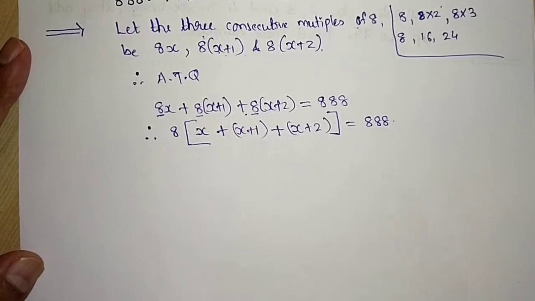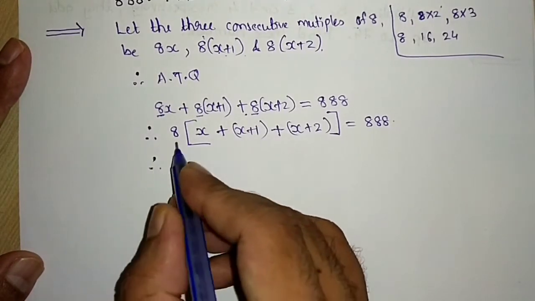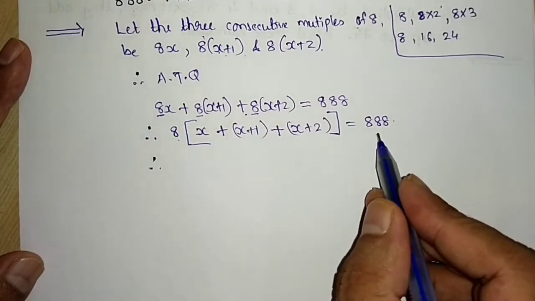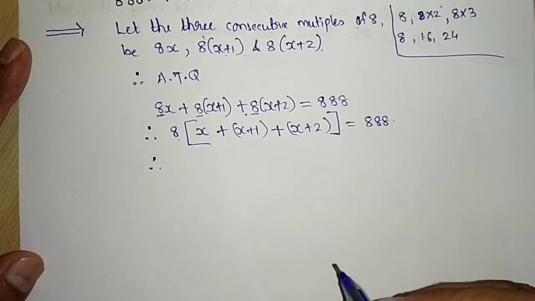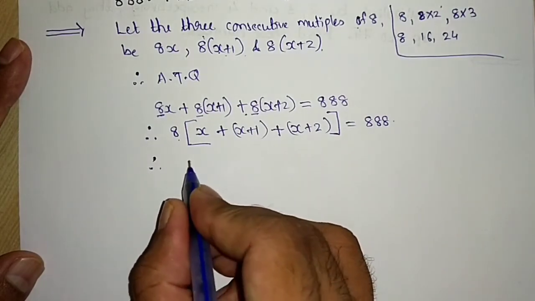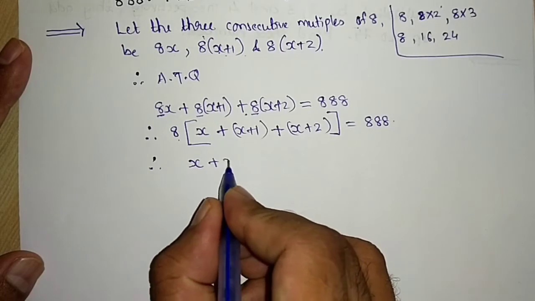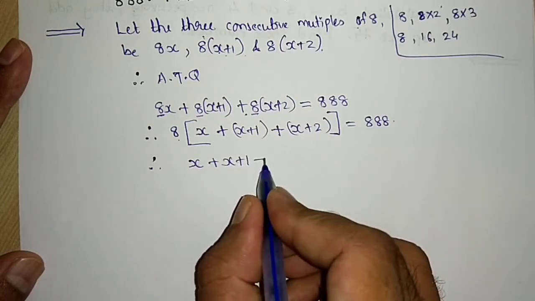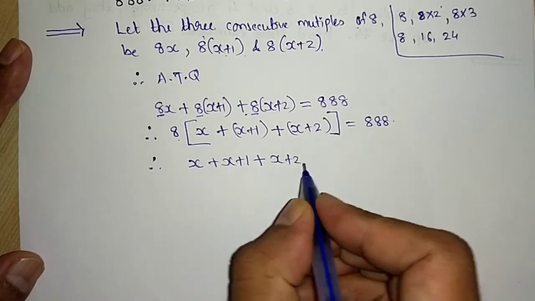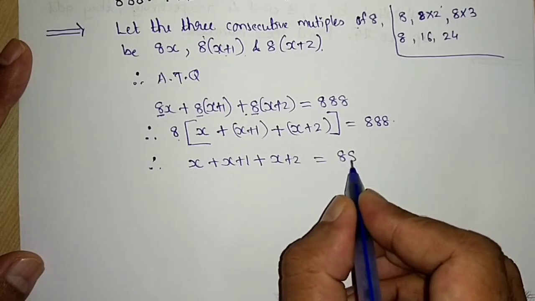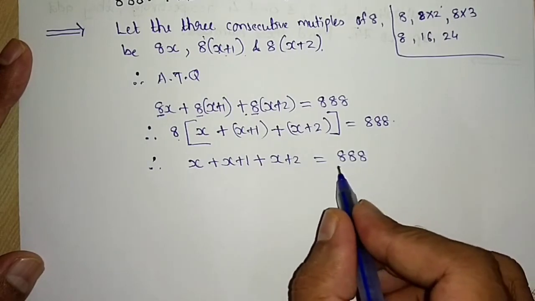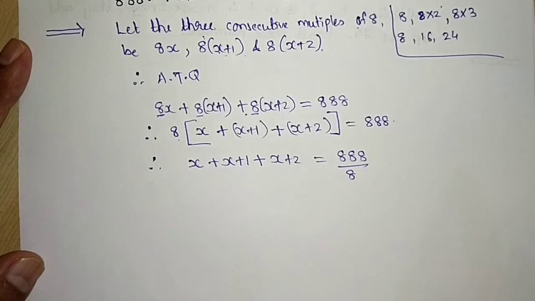Now students, this 8 will go in division with 888, and this we will open up. x plus 1 plus x plus 2 is equal to 888 divided by 8.